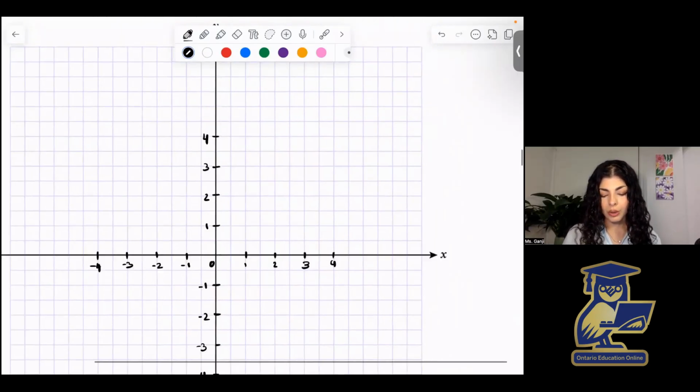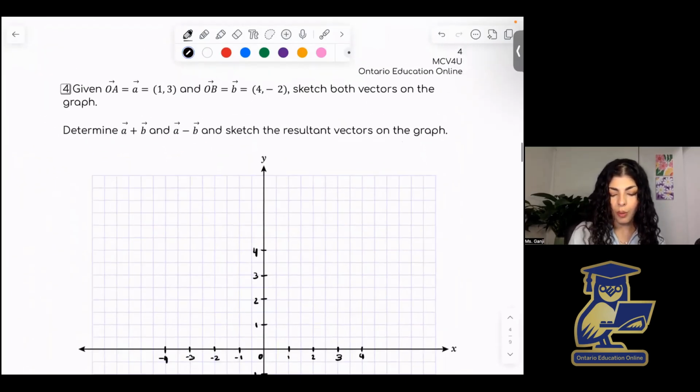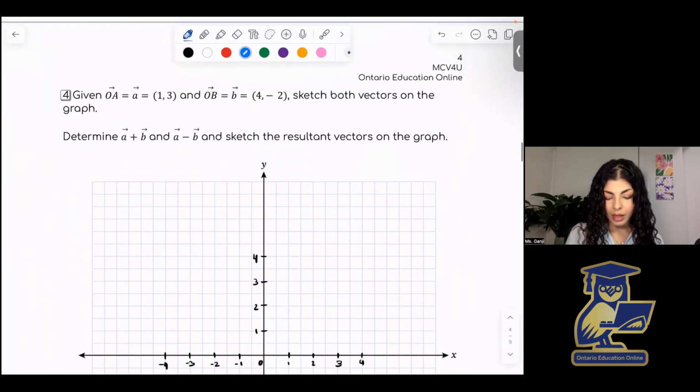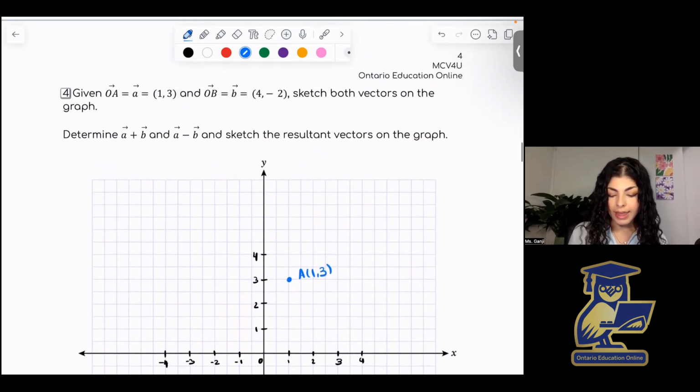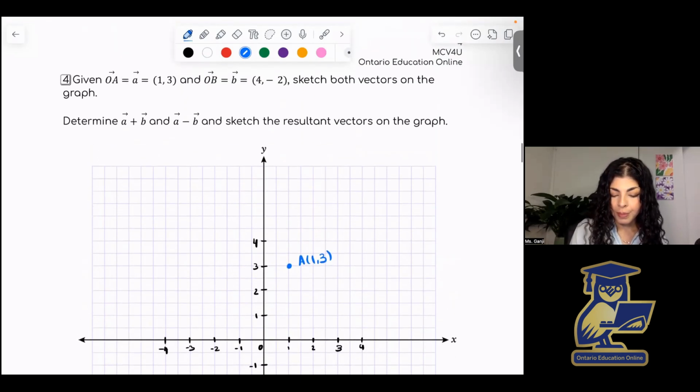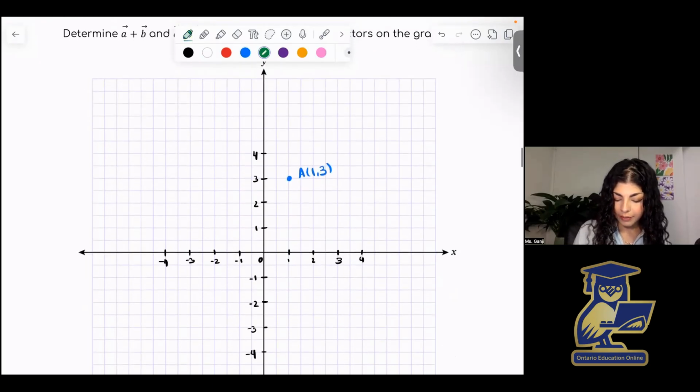So first what I'm going to do is just label those points. So A is 1, 3. Keep in mind, this is just the point A. We don't have the vector just yet. And then B is 4, -2.